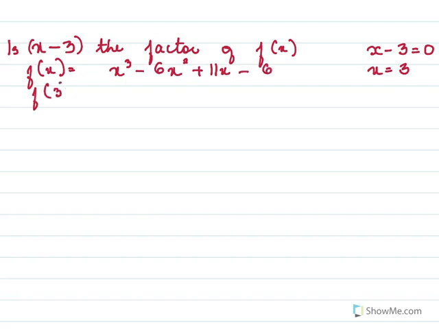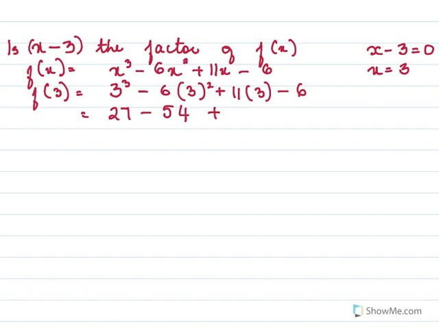So f of 3 is 3 cube minus 6 times 3 square plus 11 times 3 minus 6, which is 27 minus 54 plus 33 minus 6, and this answer is 0.